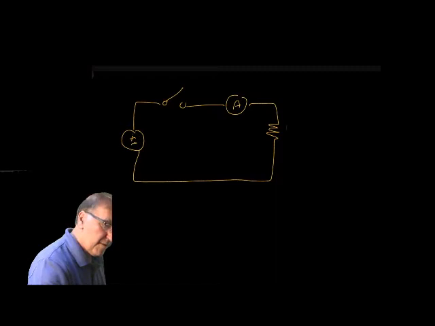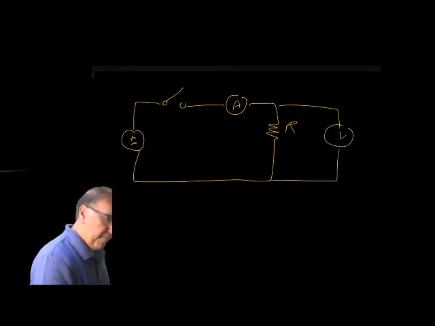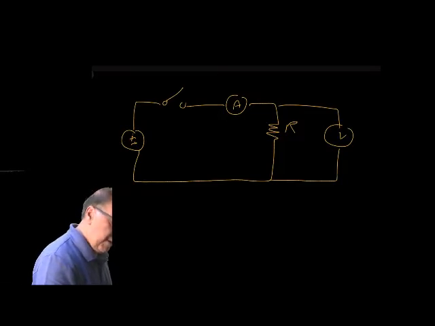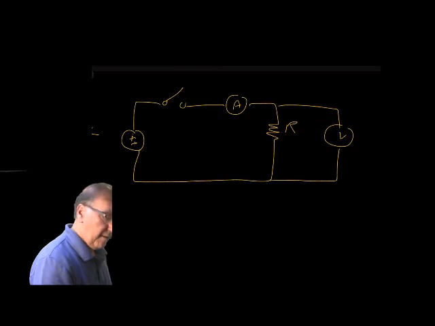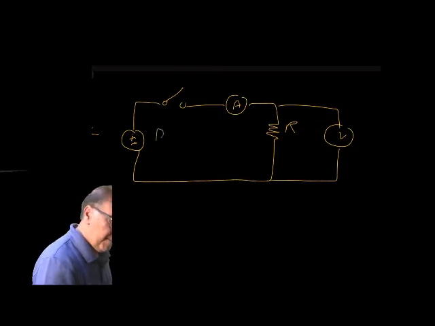So this is a resistor R, and we'll put a voltmeter across the resistor. So this is a DC power supply.